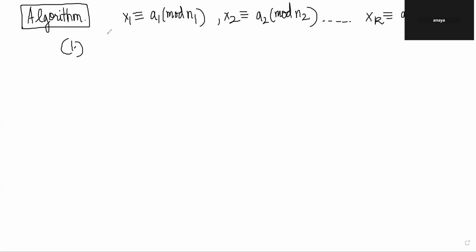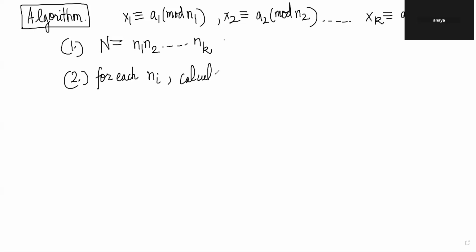So the first step is to calculate N1 into N2 till Nk. Our final answer will be congruent to that capital N only. Now the second step is, for each Ni, calculate Yi is equal to capital N by Ni.